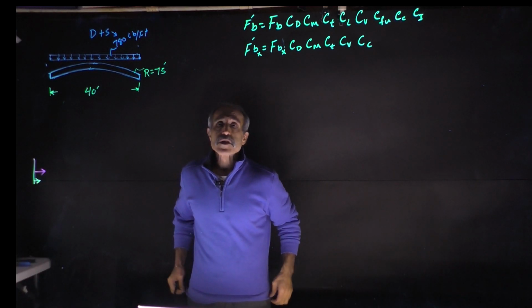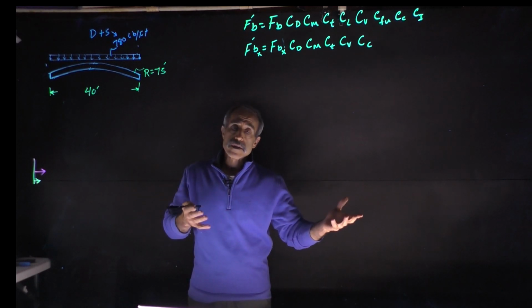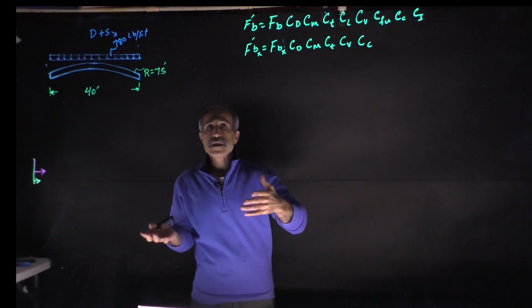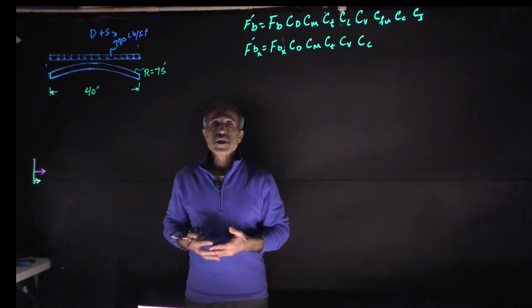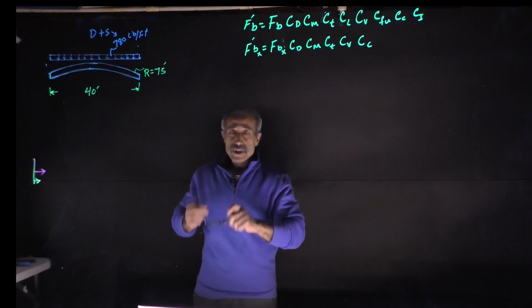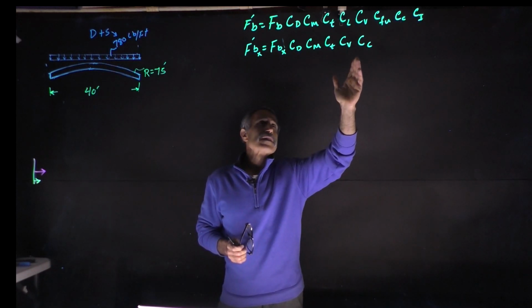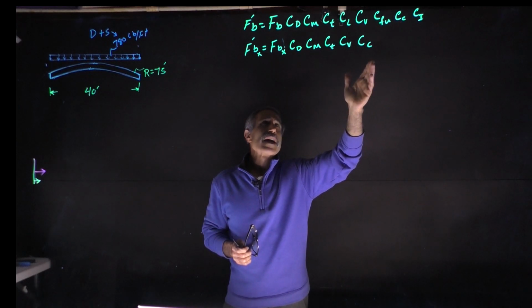To size a beam, a lot of the time it's basically trial and error. You come up with a size, and you see if you oversized or undersized it. But to make an educated guess, if you look at table 5.3.1, you have the bending stress equal to FB times CD, CM, CT, CL, CV, CFU, CC, and CI.